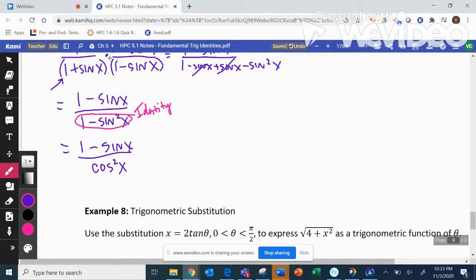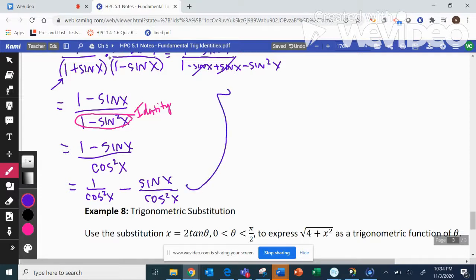Okay, what I can do from here is take 1 over cosine squared x minus sine x over cosine squared x. I could separate the numerator by using the distributive property to distribute that denominator.